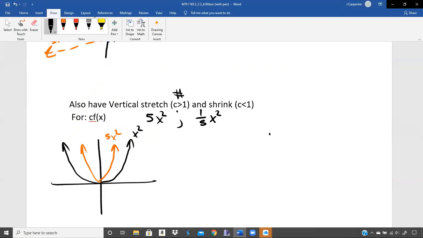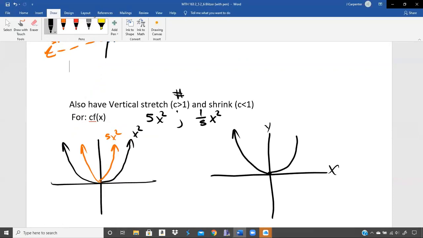Whereas a vertical shrink, it sounds like a psychologist, if this is your normal old x squared, it's like we were pushing down on those arrows instead of pulling, so it makes it feel wider instead of skinnier. Again, I know I'm using that comparison with horizontal words, but it's just the 1/5 makes it grow slower.